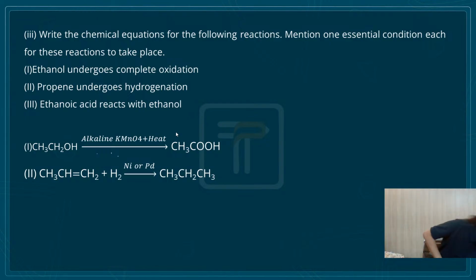This is extremely simple, everyone. So you have to give me the reaction for this one. Come on. This is an extremely simple reaction. Come on, everyone. I want answer.